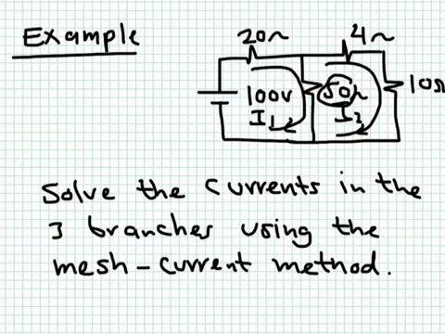Now we write the Kirchhoff voltage law for these two loops. Here we have 100 is equal to 20I1 minus 5I1 plus 5I2. This is the first equation. And then for the second loop, we don't have any voltage source. So we can put the polarity here for this voltage drop, here for this voltage drop, and for this one as well.